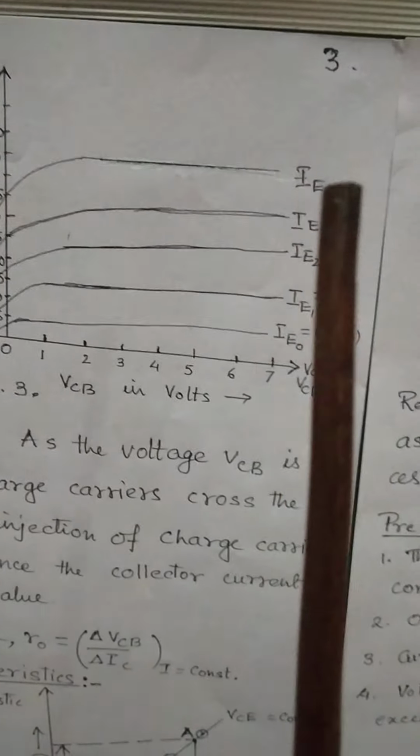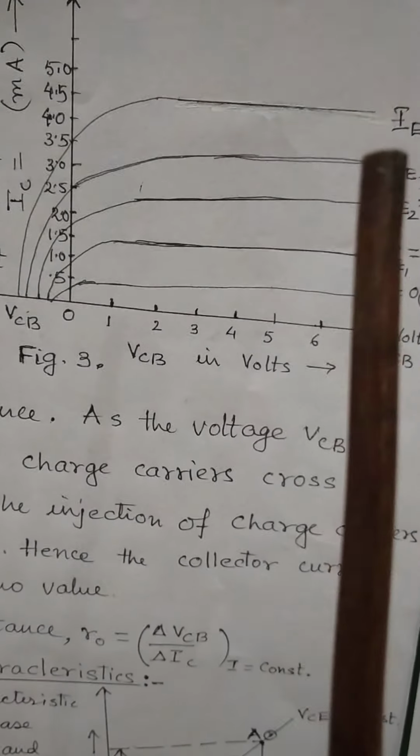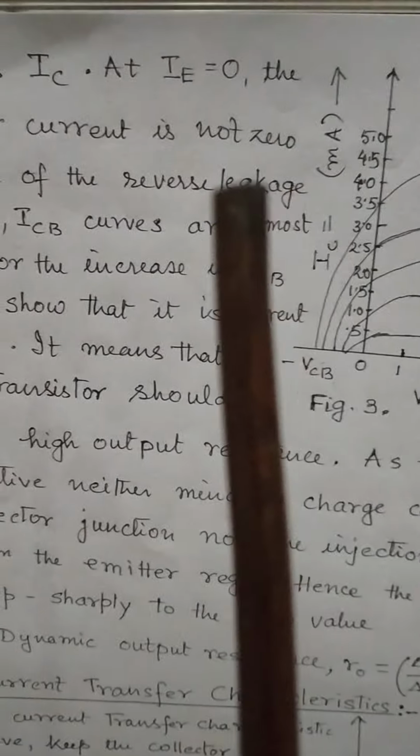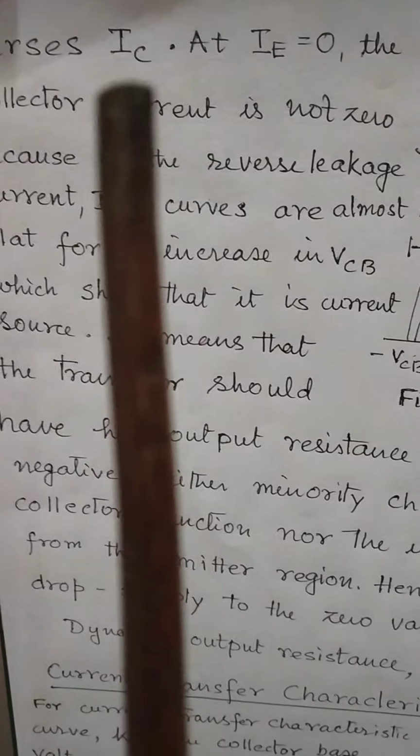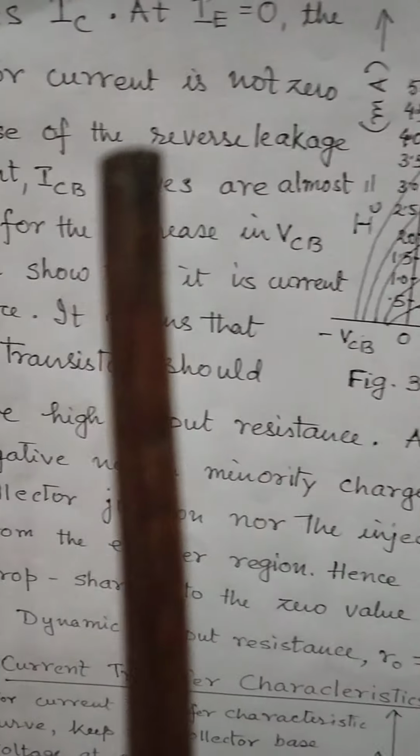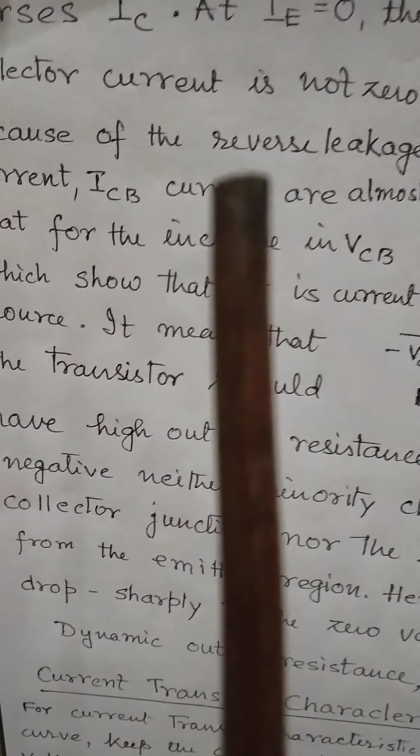Now the graph of the output circuit is shown here. At IE equal to 0, collector current is not 0 because of the reverse leakage current.